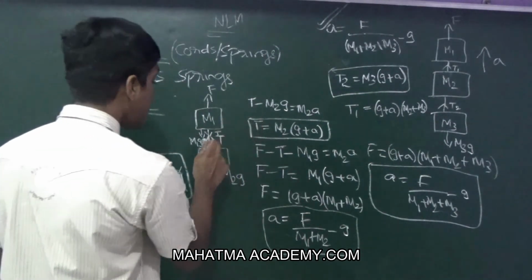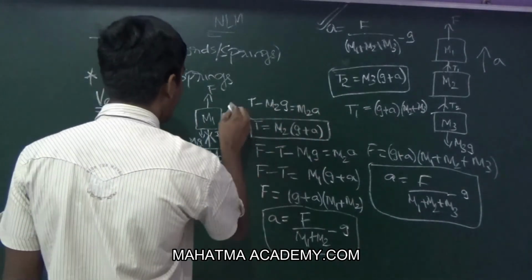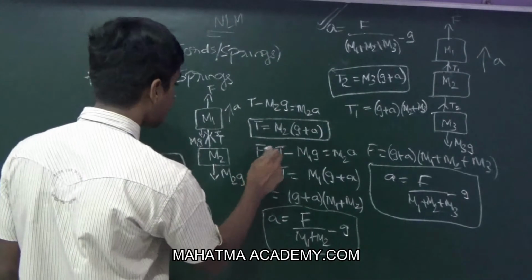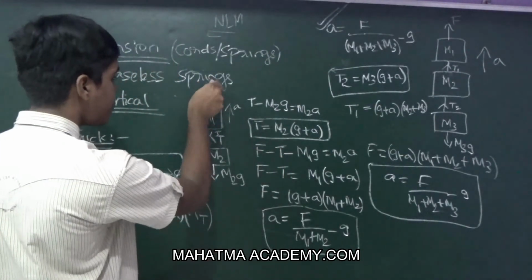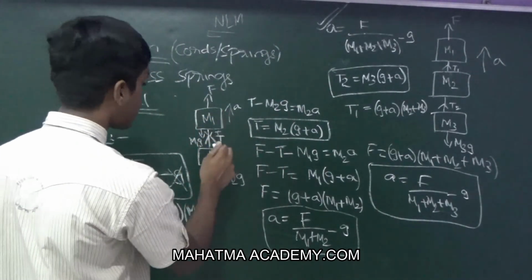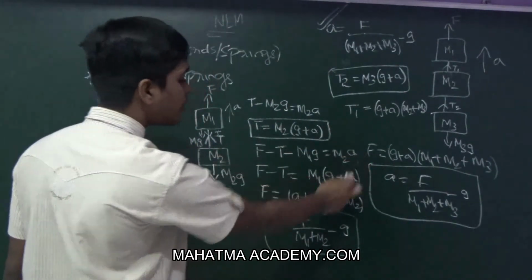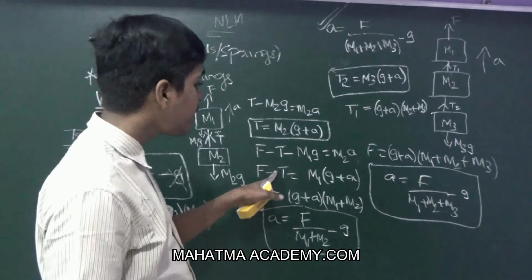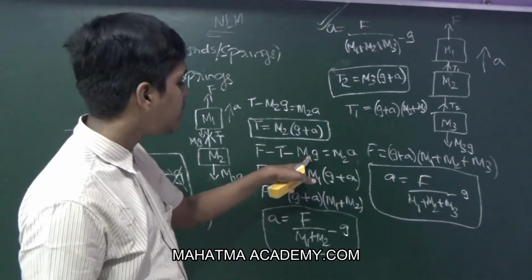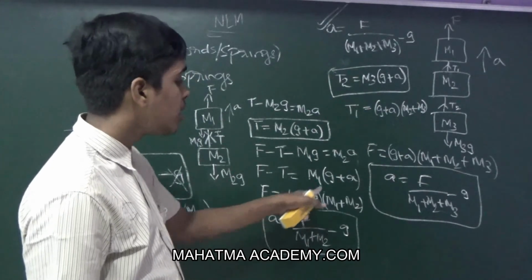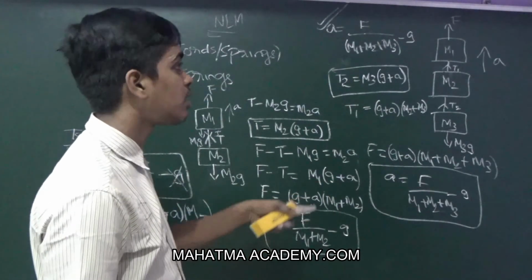So T minus M2G is equal to M2A. The particle is moving upwards. For the first body, F minus T minus M1G is equal to M1A. So F minus T is equal to M1 into (G plus A). For the whole system, it is (G plus A) into total mass.